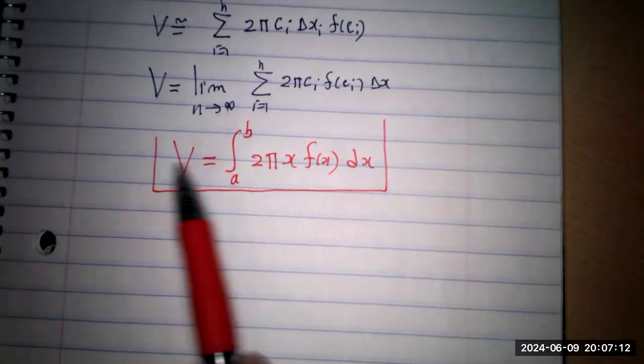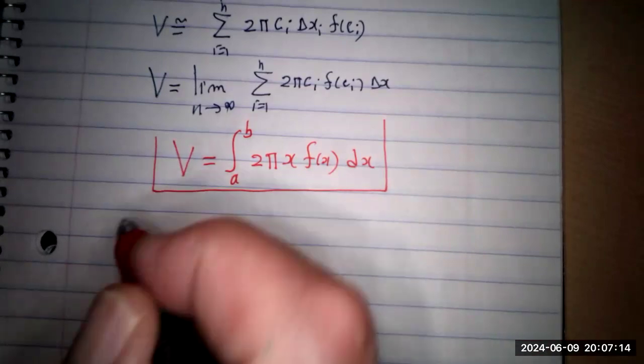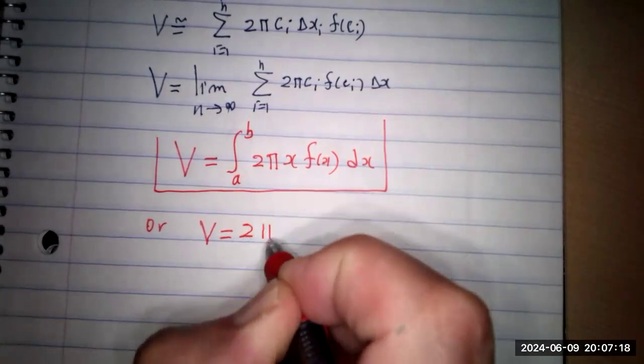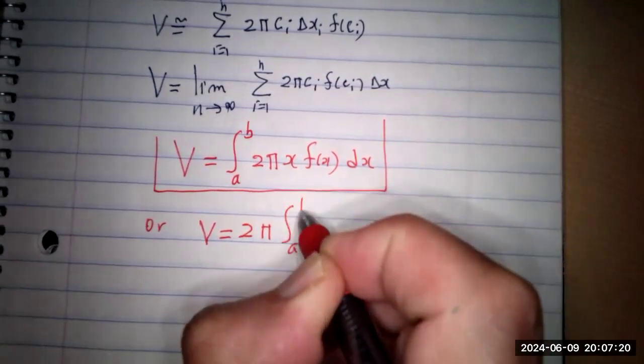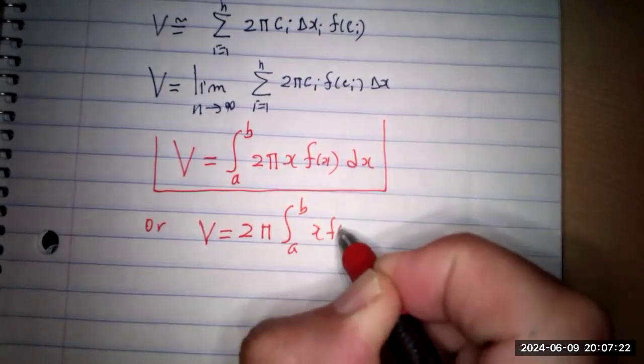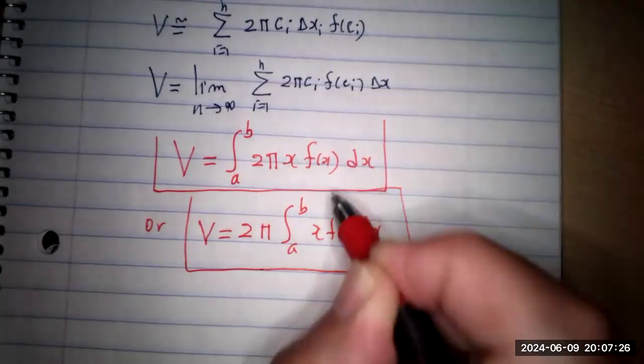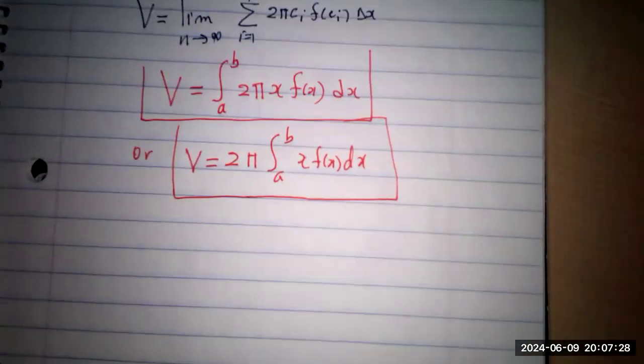You can pull out the 2 pi if you like. Some people write the 2 pi outside. So it's going to be 2 pi times the integral from a to b of x f of x dx. You must be careful. This is the volume.